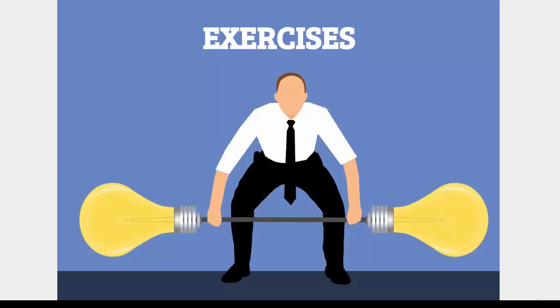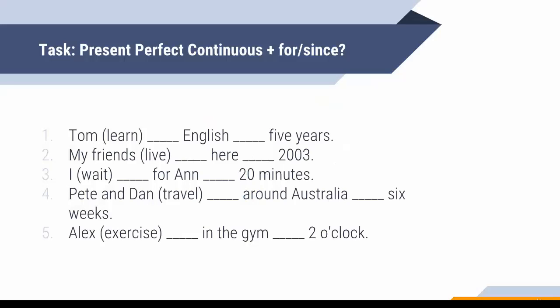Let's see present perfect continuous in practice. So, in the first exercise, you needed to fill in with the correct form of present perfect continuous plus for or since. You remember I told you that for and since are markers for present perfect and for present perfect continuous.